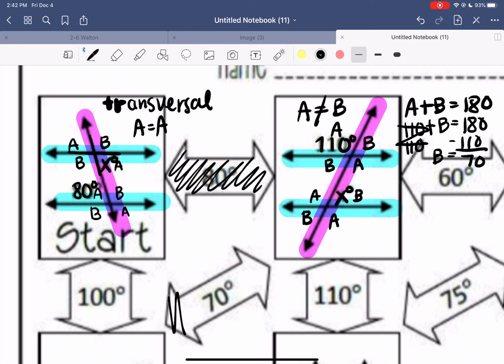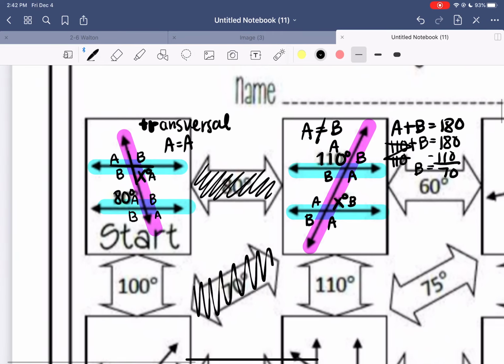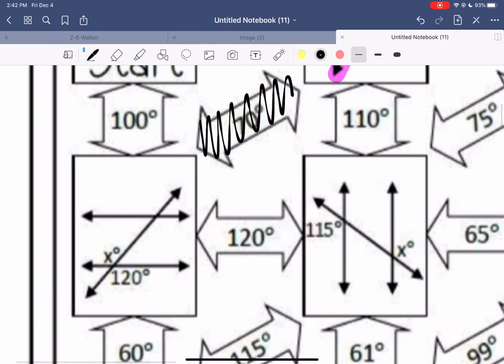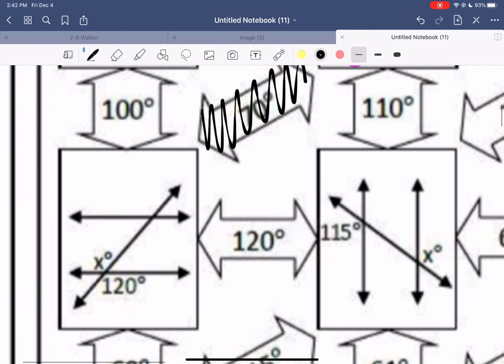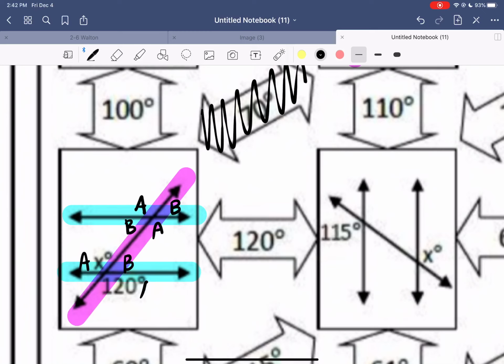So that takes us right here. So going to this next problem. Again, we have our two parallel lines being cut by a transversal. So creating our sets of angles, we have AB, AB, AB, AB.